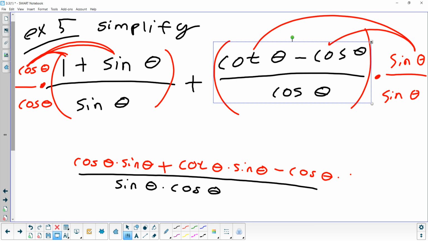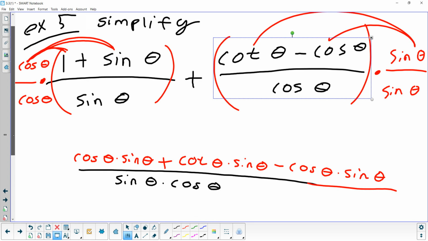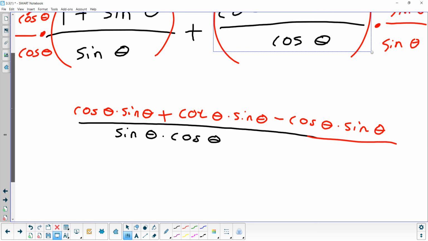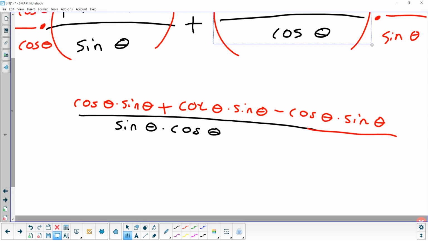Cosine times sine. Now, is there anything in the top of the fraction that cancels out? Anybody see anything that's opposites? Yeah. Cosine and negative cosine.